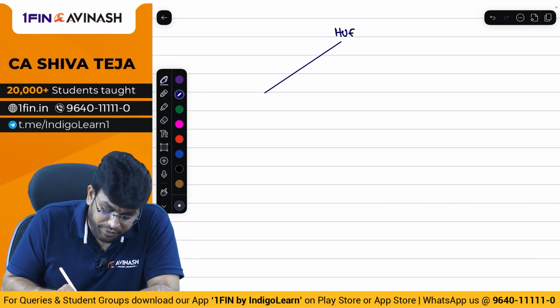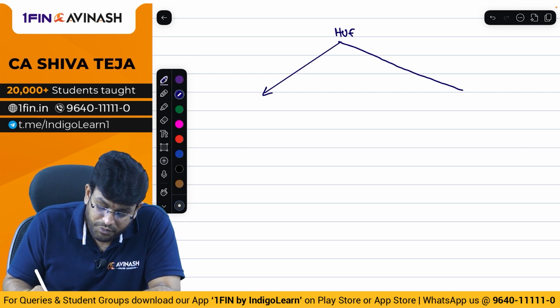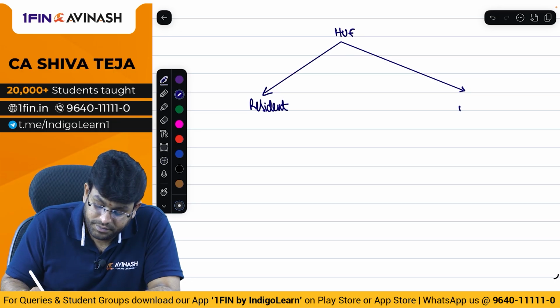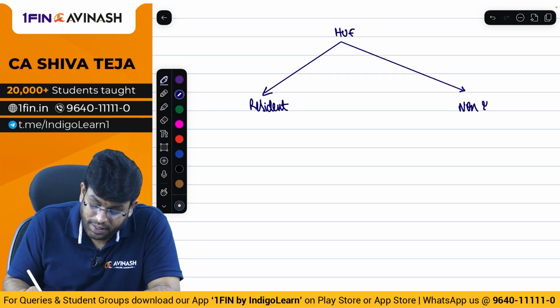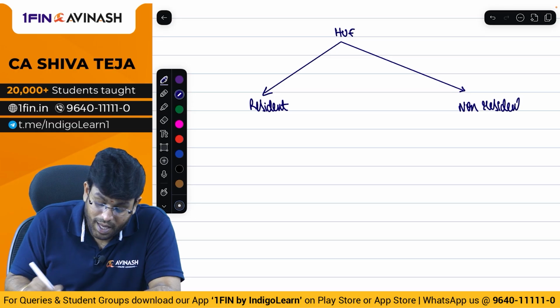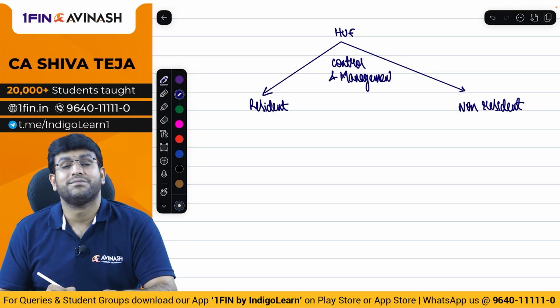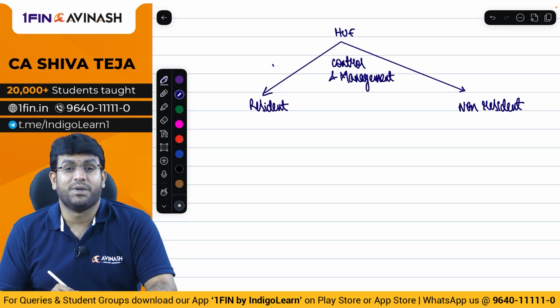In case of HUF, we have first initial categorization as a resident, other side non-resident. And this resident non-resident bifurcation is clearly based on the category known as control and management.